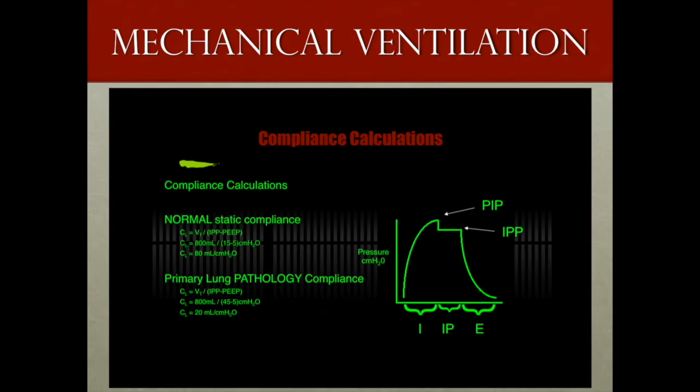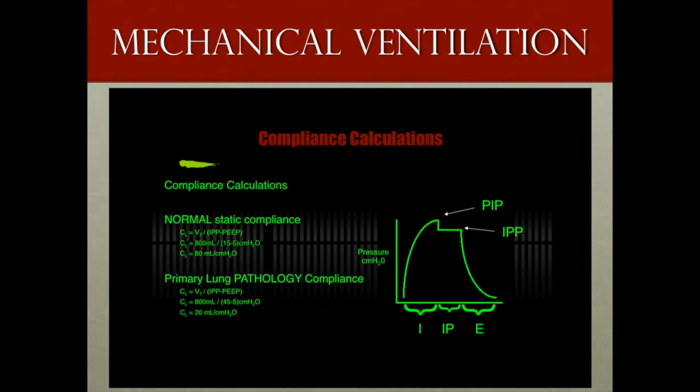Putting this clinical formula into practice, we can take 2 examples, one showing normal static compliance and one showing compliance in a lung with active pathology. If we take our formula, compliance equals the tidal volume divided by the inspiratory plateau pressure minus the PEEP, and we plug in normal values such that the tidal volume is 800 cc's, the inspiratory plateau pressure is 15, and the PEEP is at 5. Mathematically, it would resolve to a compliance of 80 milliliters per centimeter of water, and this would represent a normal compliance level.